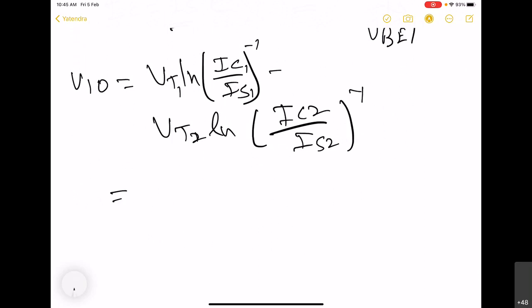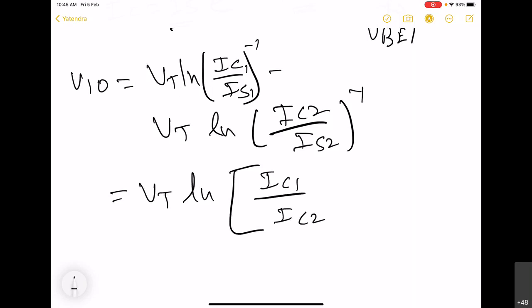And to keep things simple, we will take the same thermal voltage for both the transistors. So this becomes VT ln.